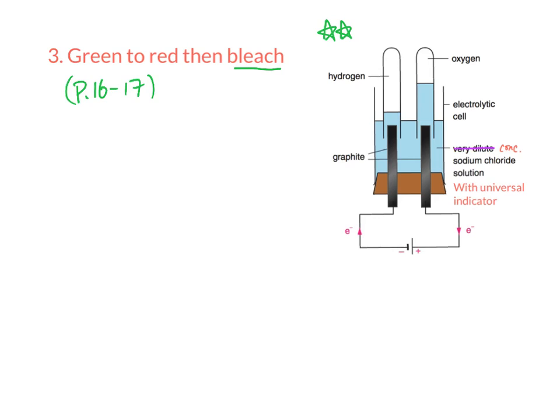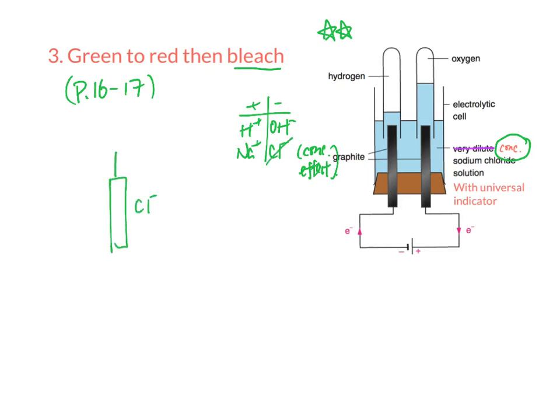For this one, we'll have H+ and OH- with Na+ and Cl-. But one thing you have to remember, this one is concentrated. So due to the concentration effect, Cl- will discharge, and around the electrode the Cl- will become Cl2.